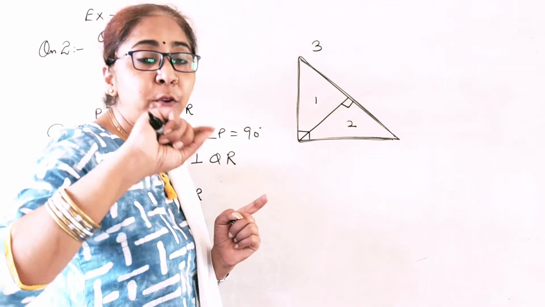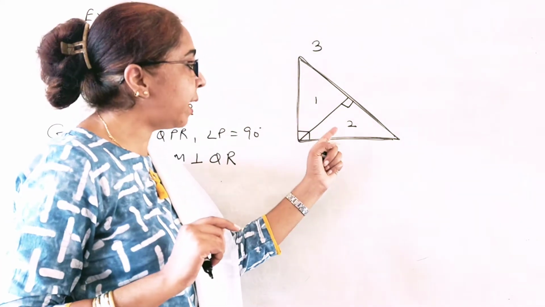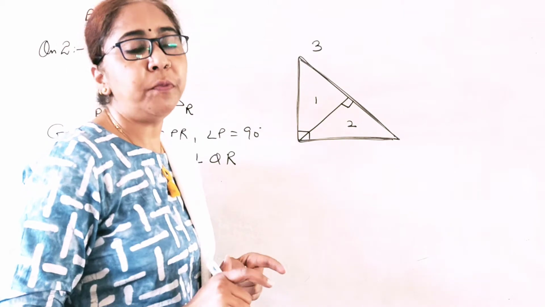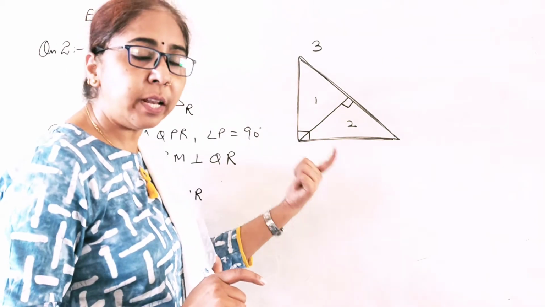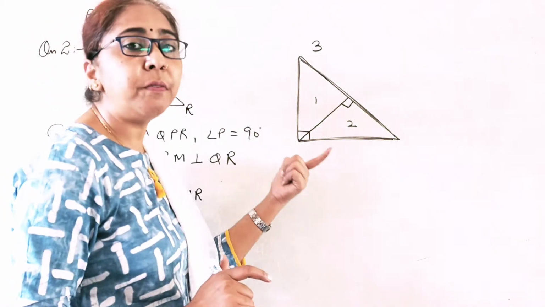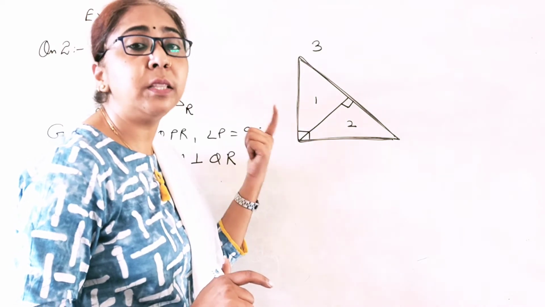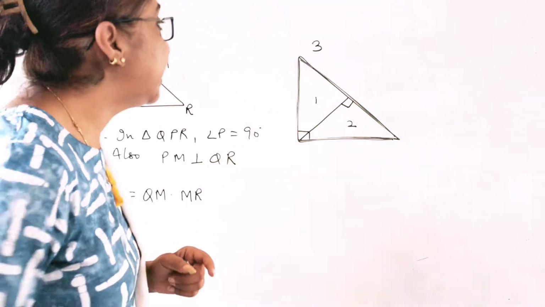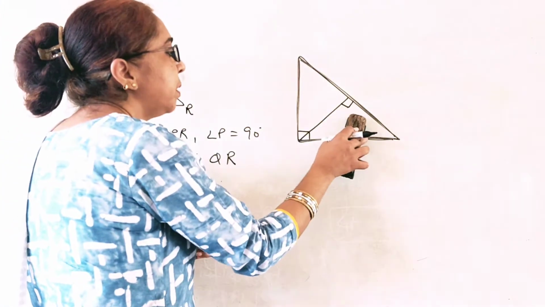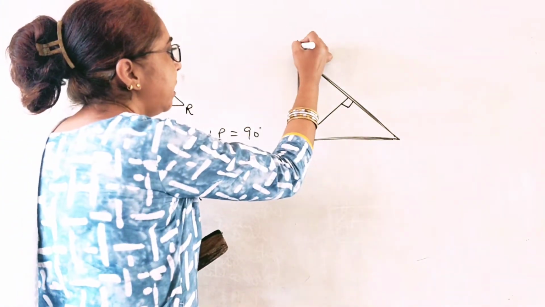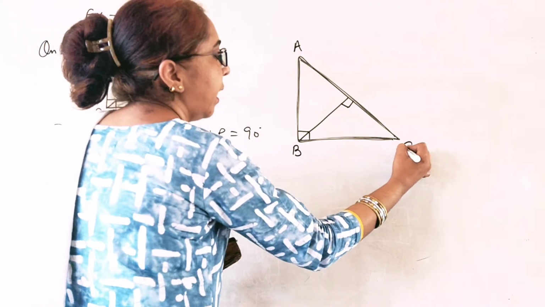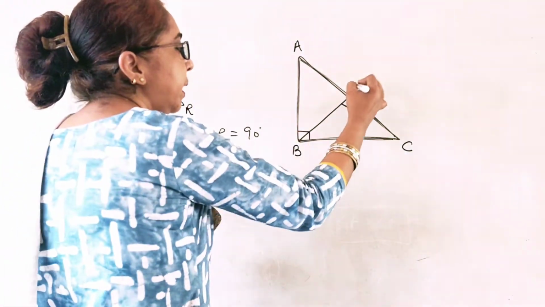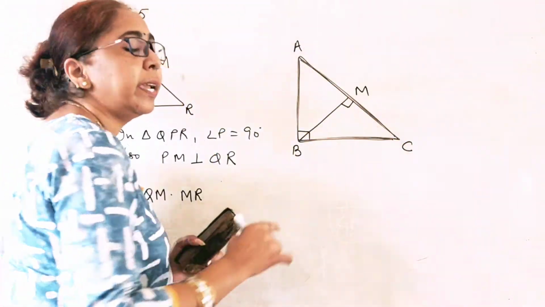When you give the names to triangles 1 and 2, at that time you will face the problem, and I am telling you so that you will never face any problem writing the names of these kinds of triangles. Let's see. I am giving the name to the triangle as A, B and C, right? And BM is perpendicular on AC.